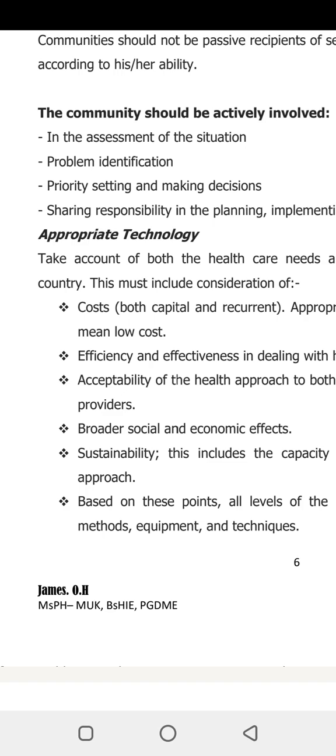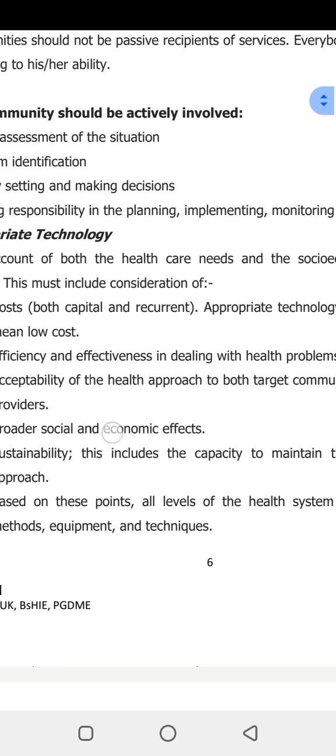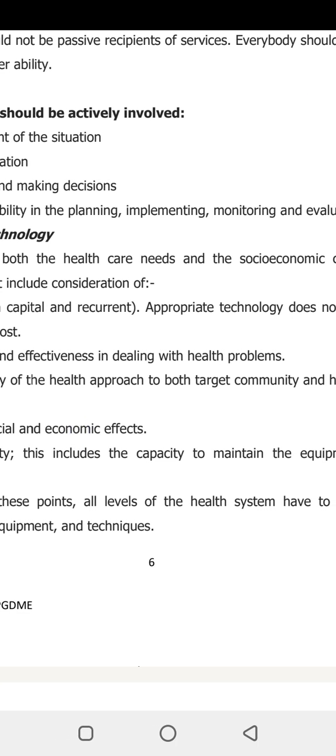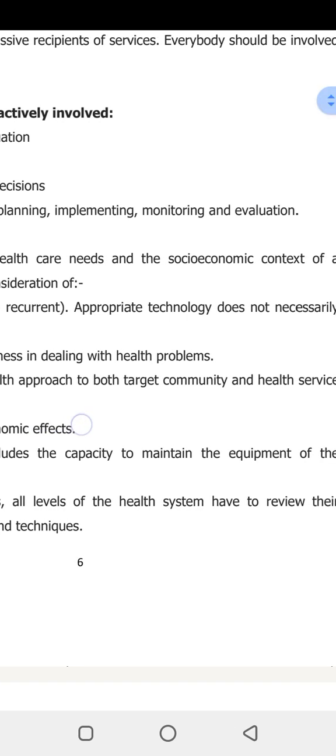Talk now of appropriate technology. Here now, the cost of the service. We talk about the cost of the service, capital and recurrent.